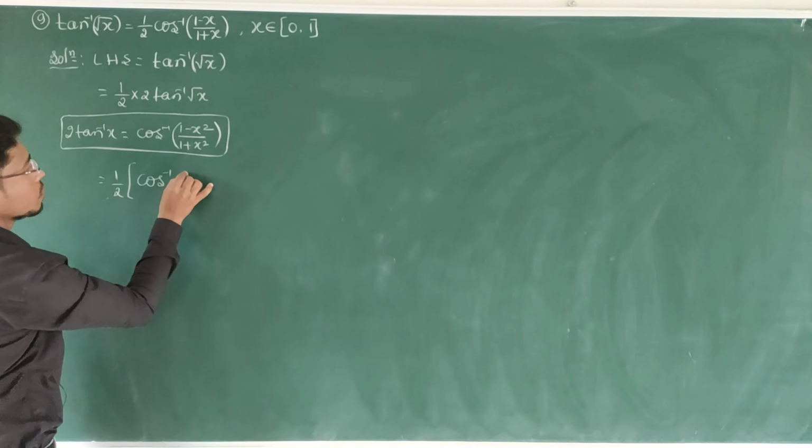Okay, so in this we have to take the simplest form. So the question is cot inverse of root 1 plus sin x plus root 1 minus sin x upon root 1 plus sin x minus root 1 minus sin x. In this case we have to prove this is equal to x by 2.